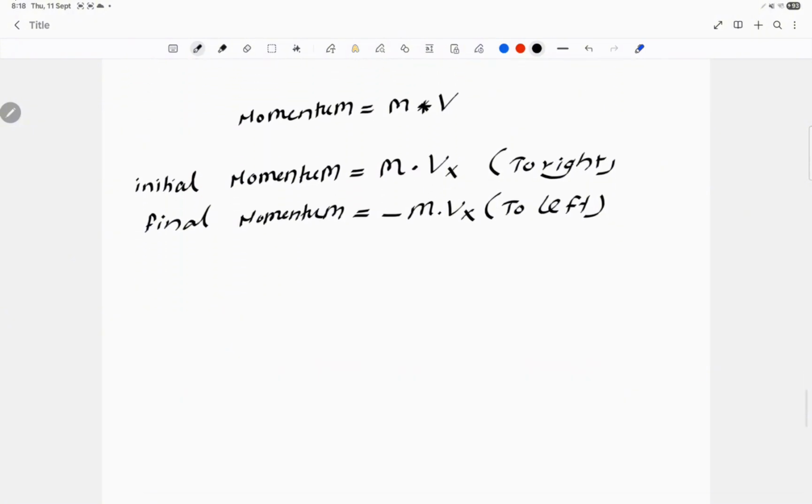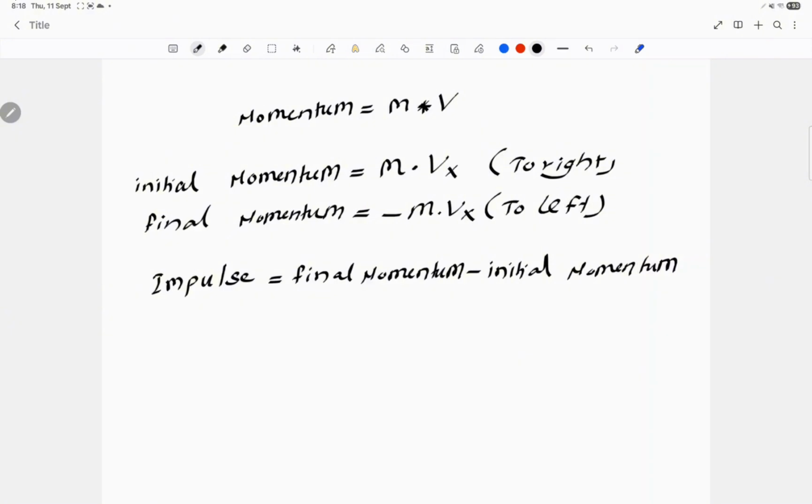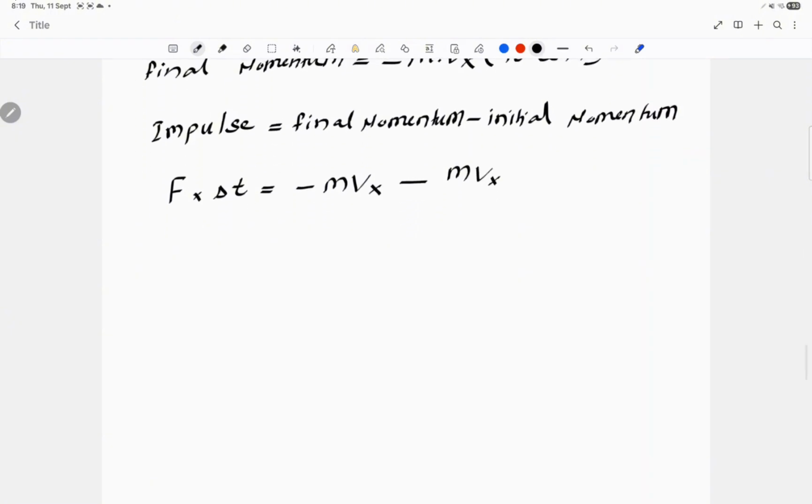Now, there is a variable in physics called impulse, which is equal to the final momentum minus the initial momentum. The equation of impulse is force times delta t, which equals the final momentum, negative mvx, minus the initial momentum, which is mvx.